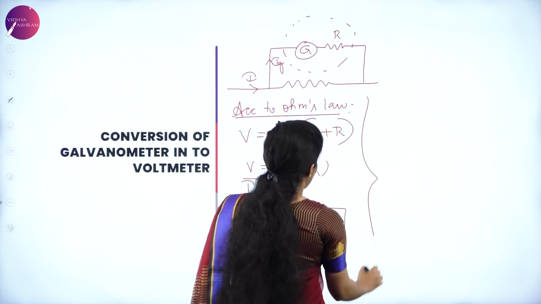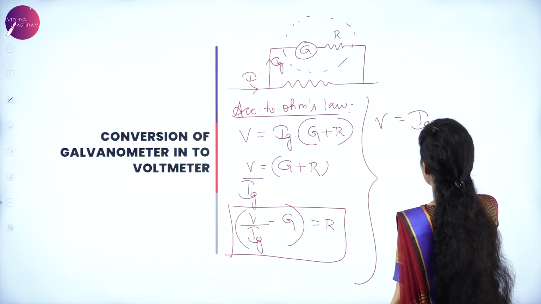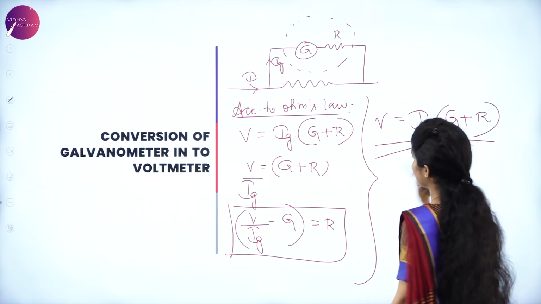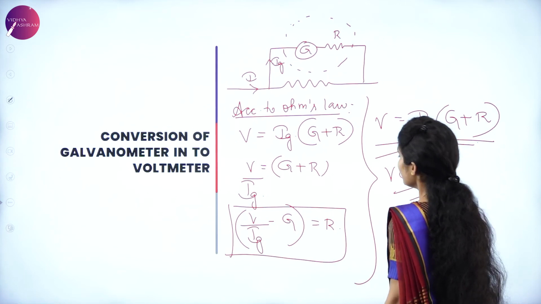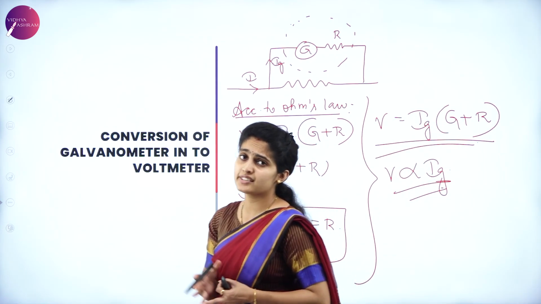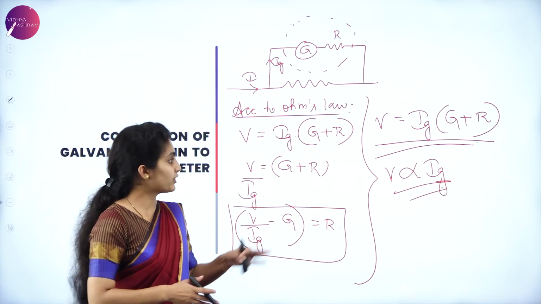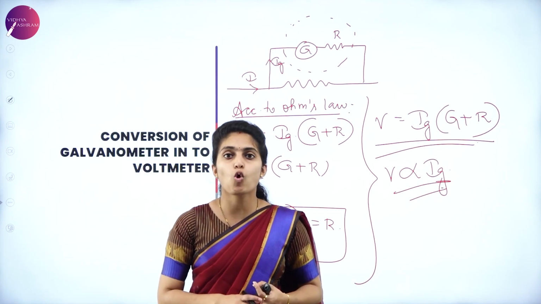Then by this equation, V is equal to Ig into G plus R, we can say that V is directly proportional to Ig. That is, the potential is directly proportional to the current flowing through the galvanometer. That is how you can say that the galvanometer is converted to a voltmeter.